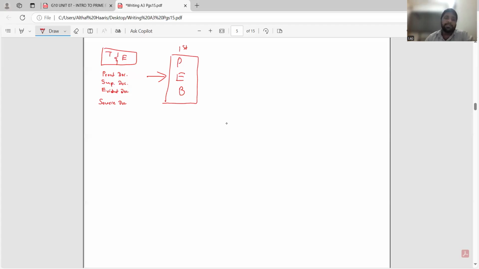In your syllabus, I told you there are 6 prime entry books. What is the first prime entry book that you should know? It is the cash book. In the cash book, we write whatever the cash inflows and outflows, that is cash receipts and cash payments. Payments means outflows.